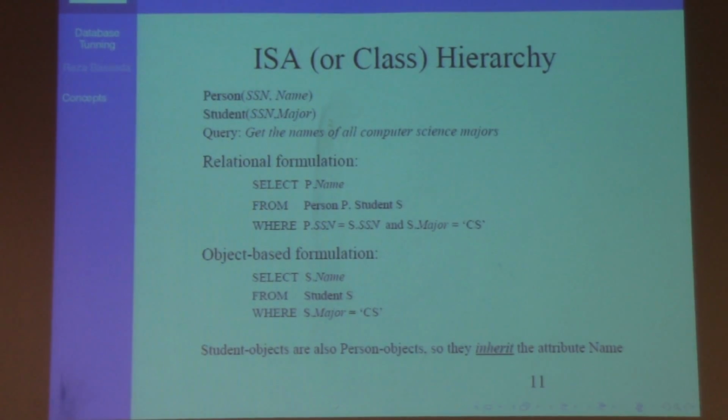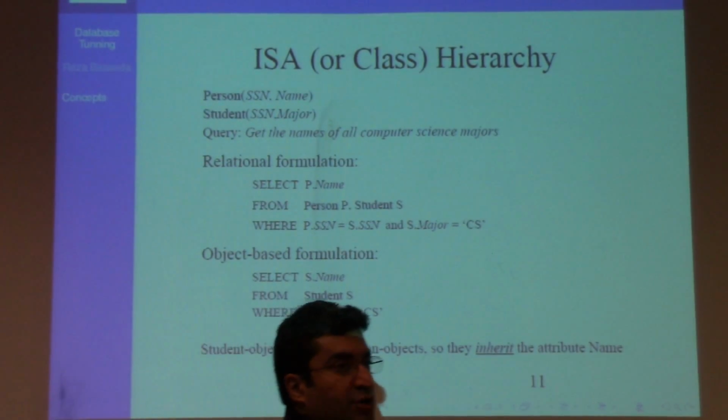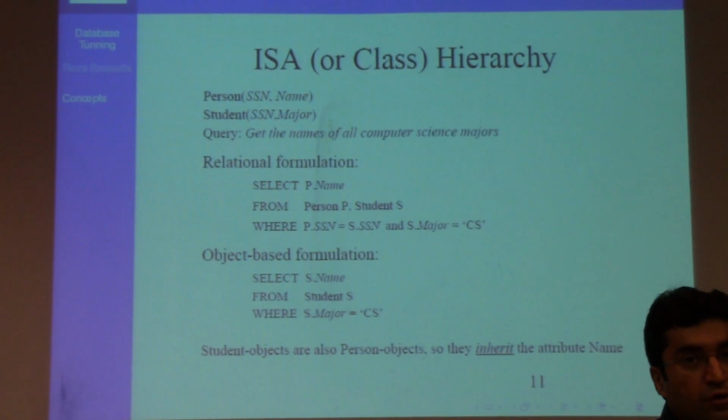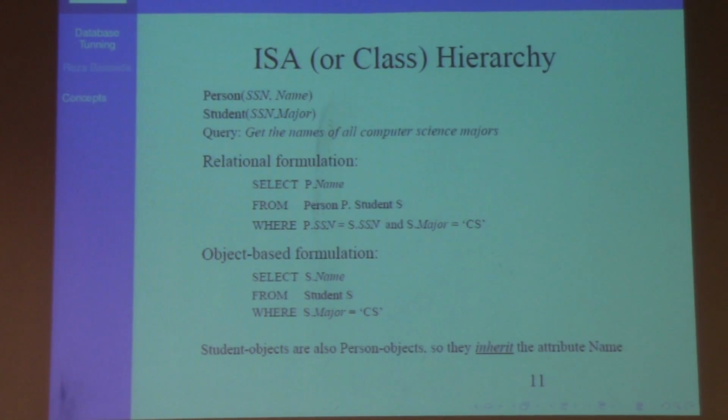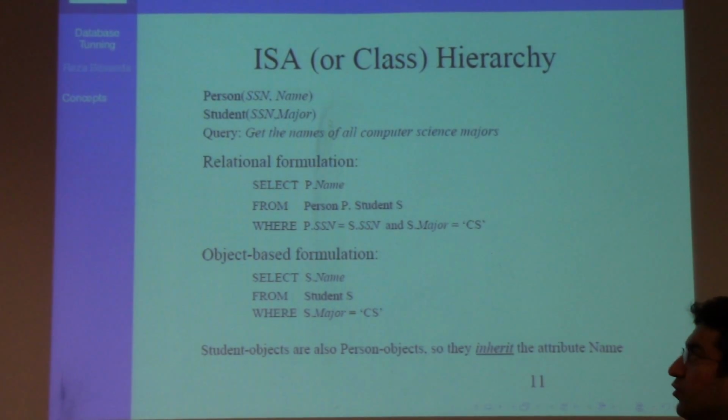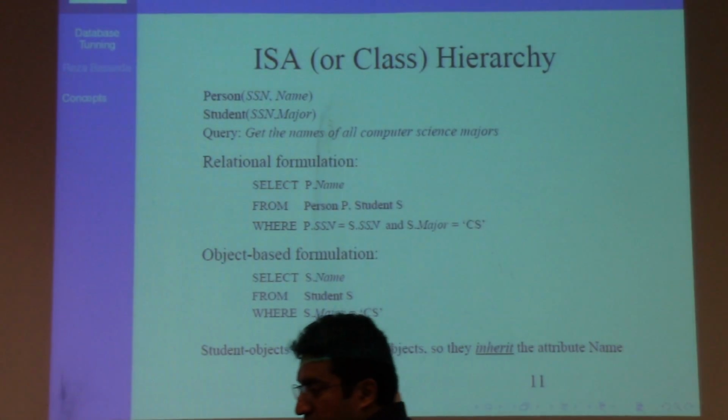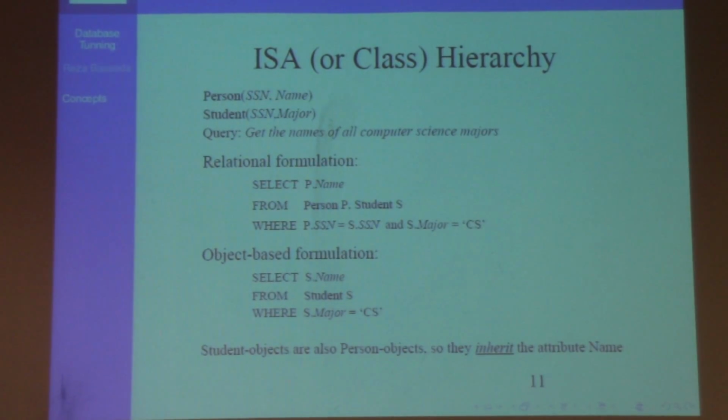If we solve this problem from the object-oriented point of view, each student is a person, right? So if you just specify this relationship, saying that each student is a person, then consider students as objects, who are persons, who have a name, and who may have several majors, okay?